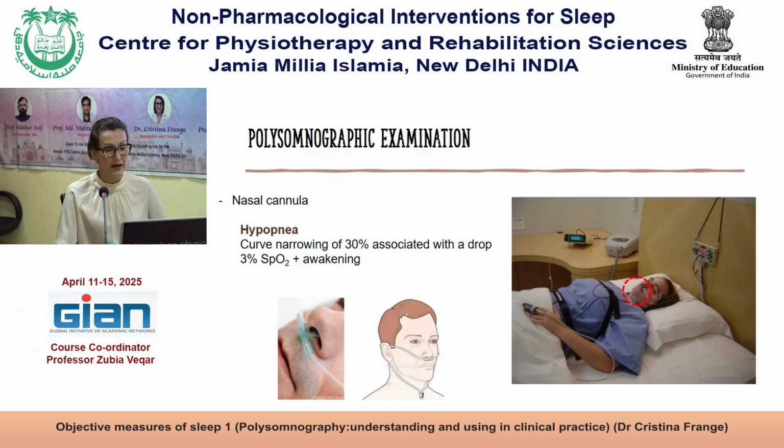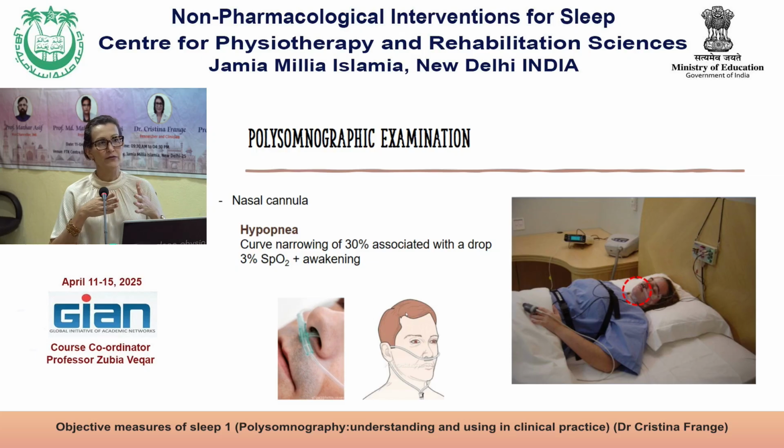Then we have this nasal cannula that I'm sure many of you are very familiar with. It's placed in the nose, and it serves to diagnose hypopneas. We are talking about that tomorrow, but apnea comes from the Greek word that means stop breathing, absent breathing, and hypo means reduced, less.